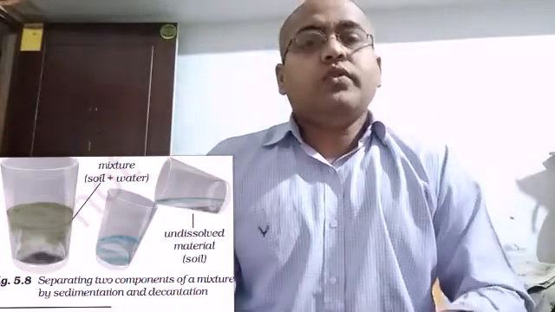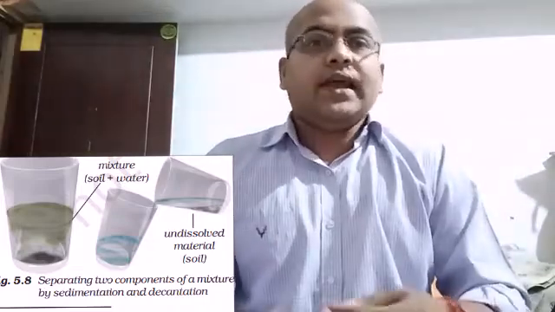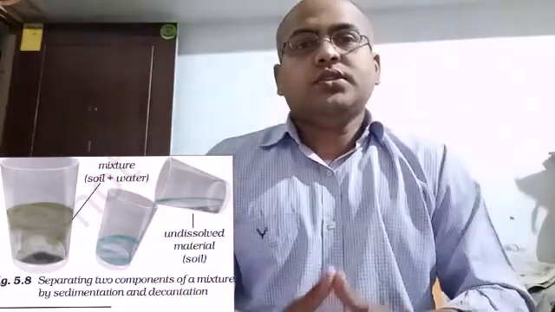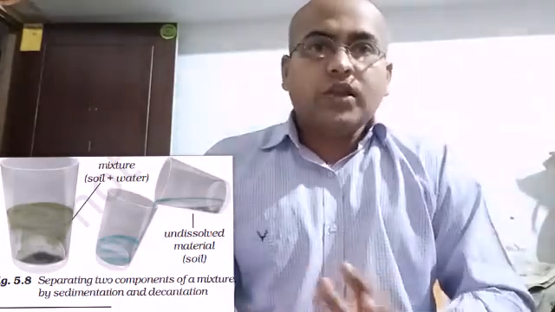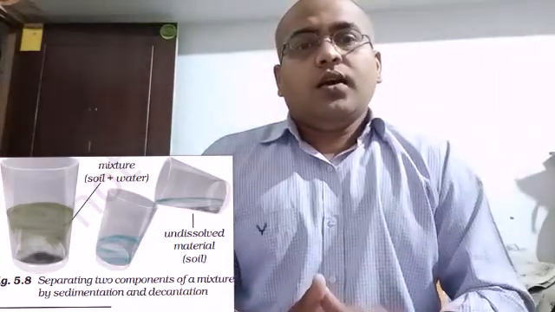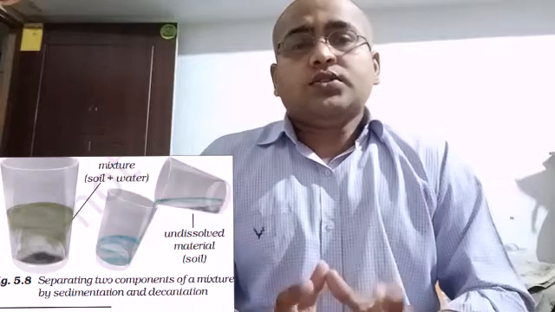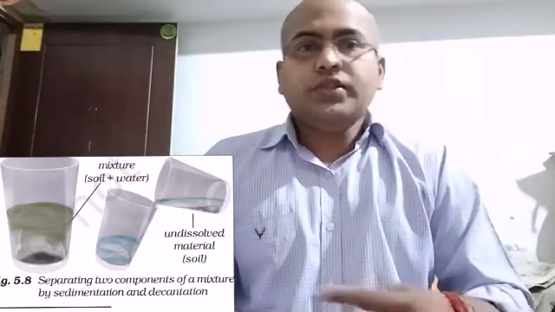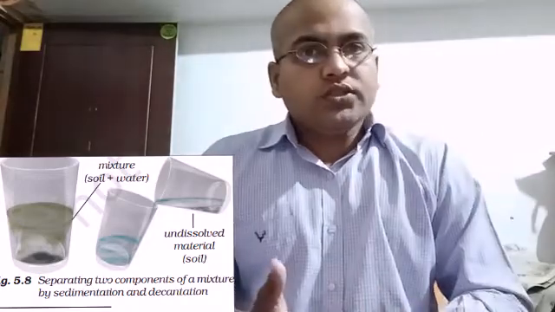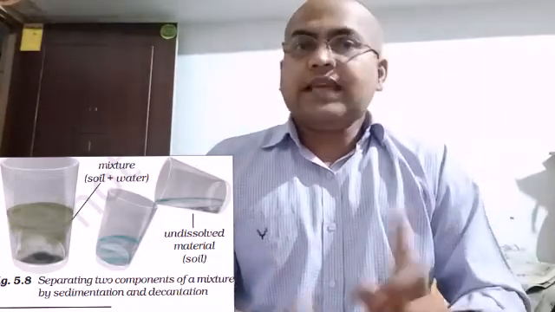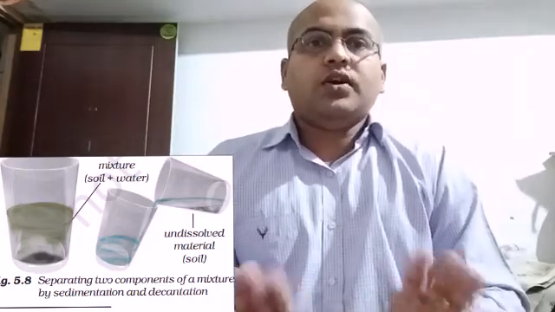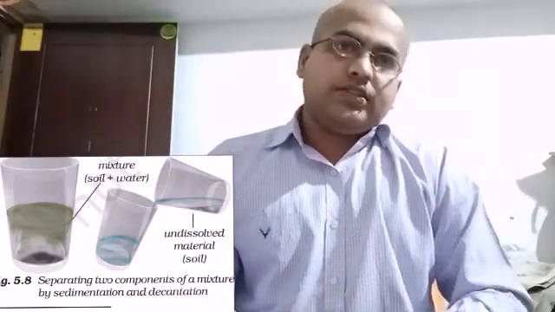First of all we mix some water with this sand and salt mixture. Salt is soluble in water, so it dissolves, but sand is not soluble, so it will settle down at the bottom of the beaker or vessel.